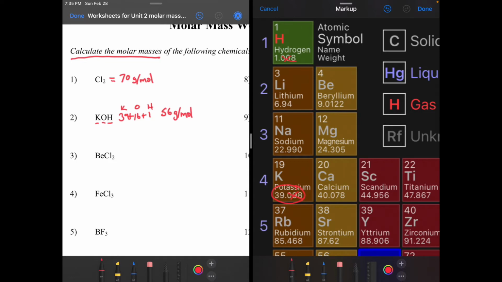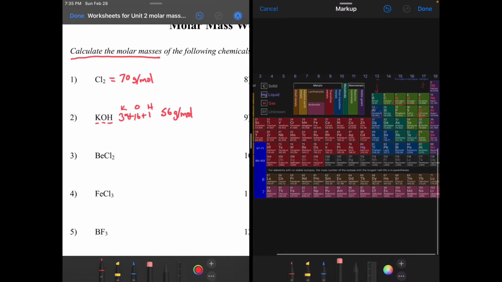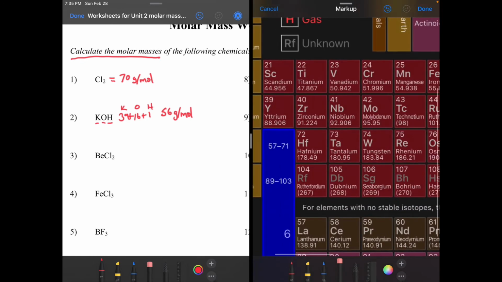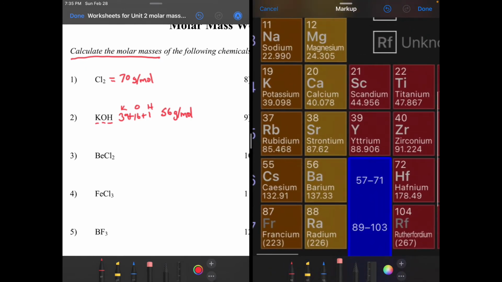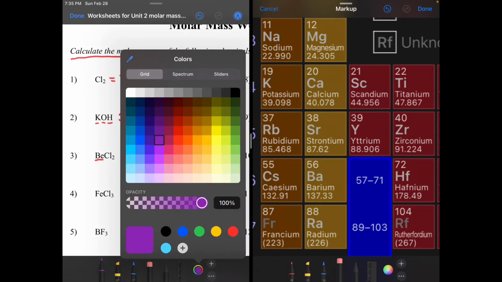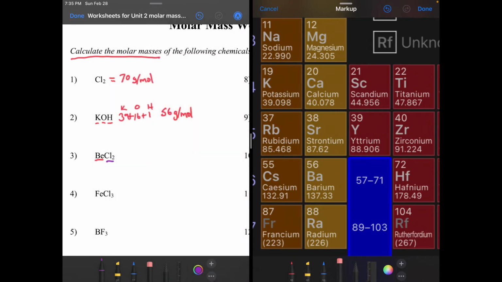So, say for example, let me erase this because I usually forget to erase everything I'm doing, and then I have to do it later. All right, so we have beryllium. We have 1 beryllium and 2 chlorines. So we have beryllium, and then we have chlorine.